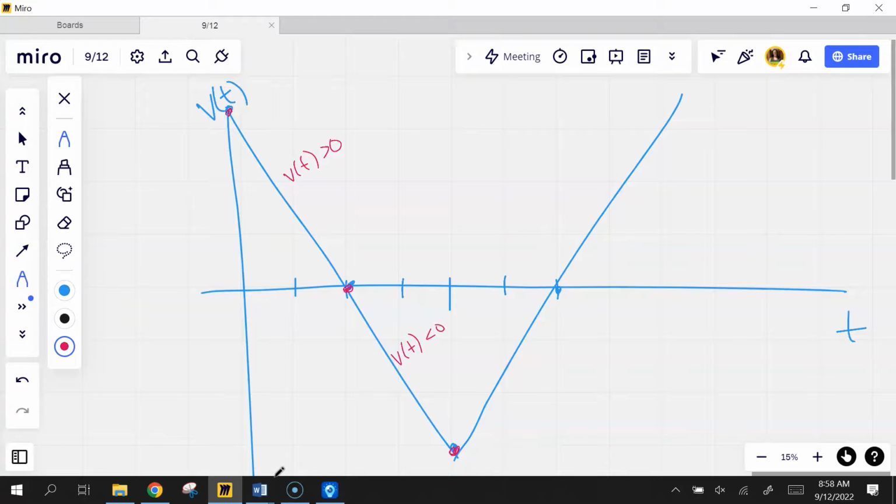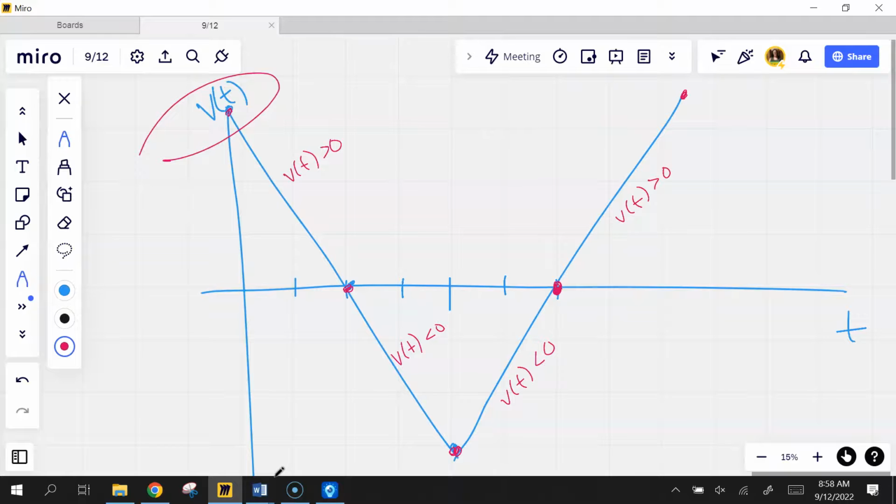Agree or disagree? How about here? It's still negative, right? This time I'm not giving you the position graph. I'm giving you the velocity graph. So I'm just looking above or below the x-axis, positive or negative. How about from here to the end? Positive.